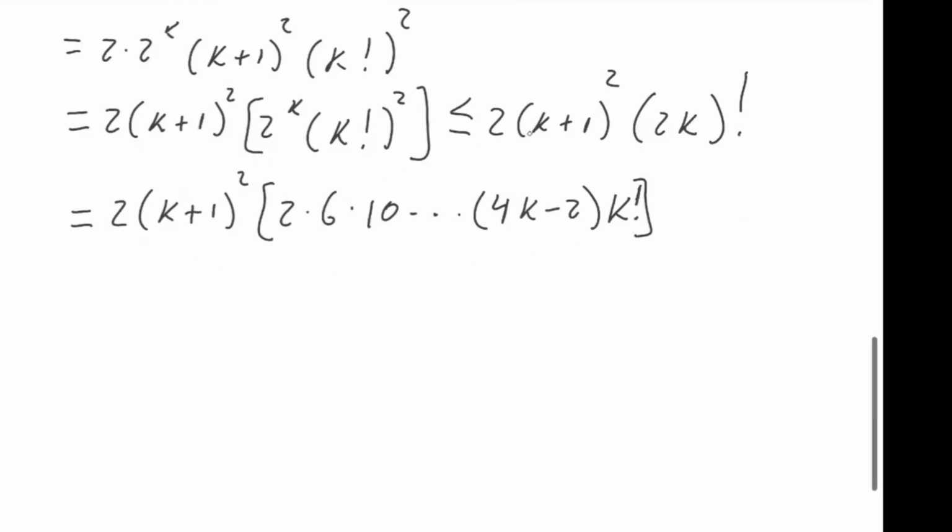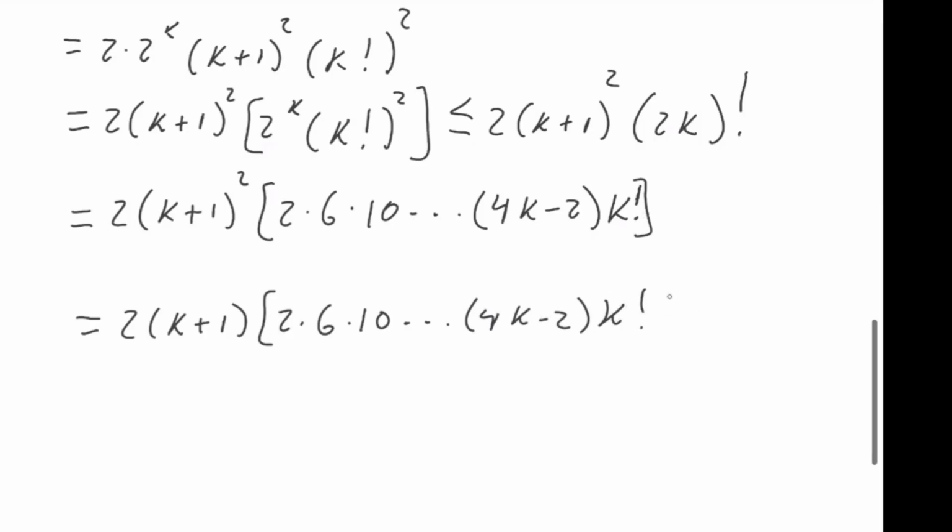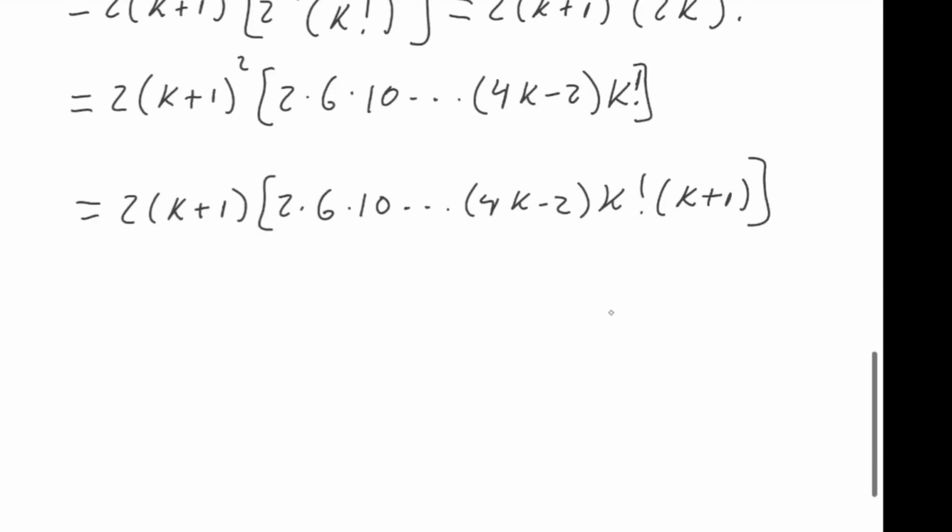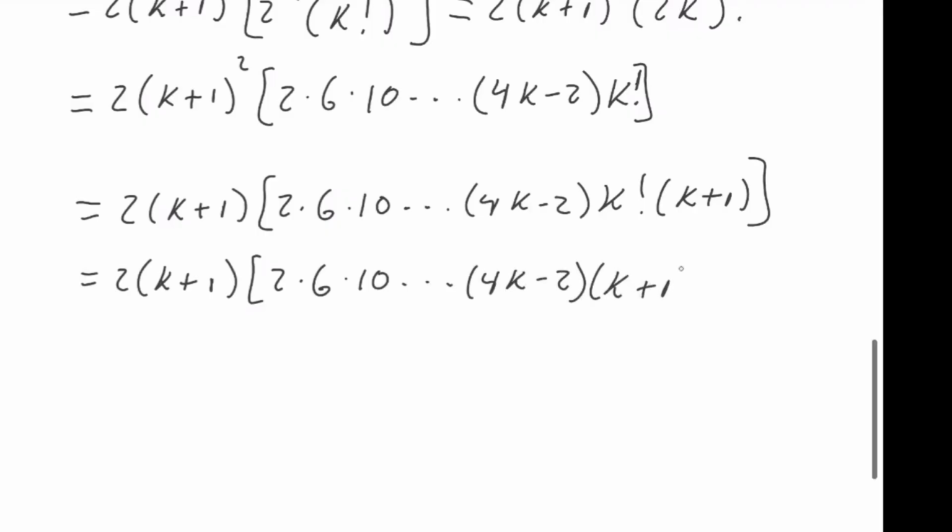And then I can put 2 times k plus 1, and then I'm going to do 2 times 6 times 10, dot, dot, dot, 4k minus 2, and then k factorial times k plus 1. And I know that's the same thing as k plus 1 factorial. So this is going to be 2 times k plus 1 times 2 times 6 times 10, dot, dot, dot, 4k minus 2, and then k plus 1 factorial.